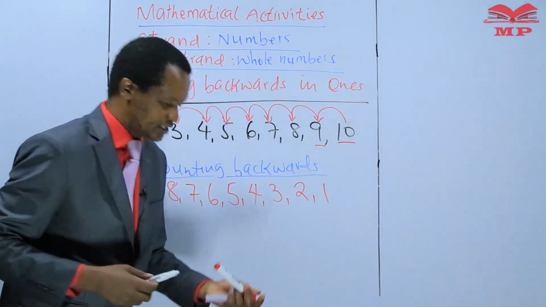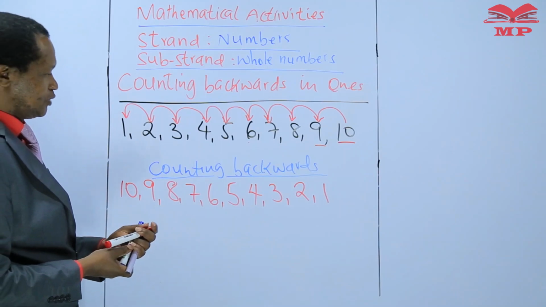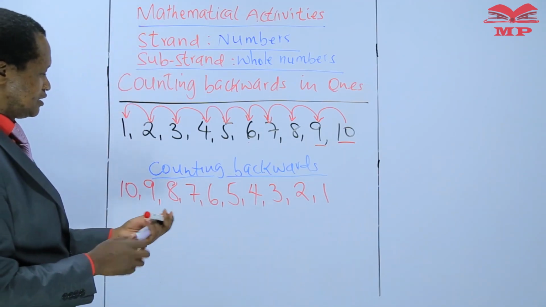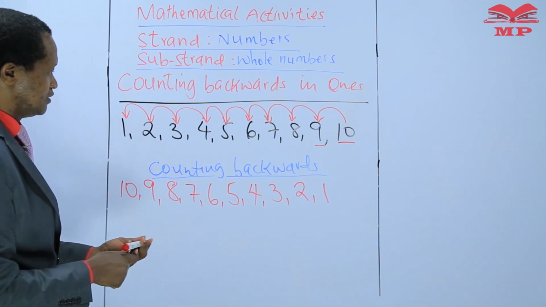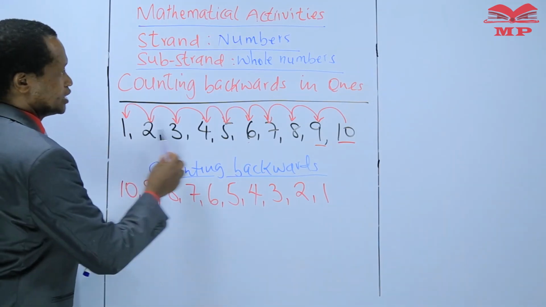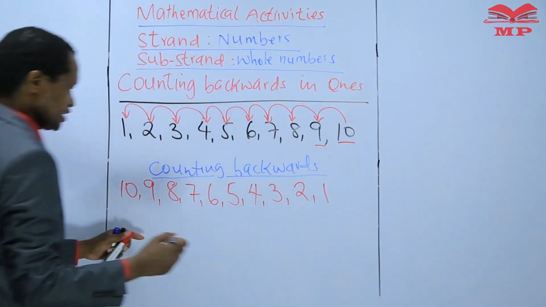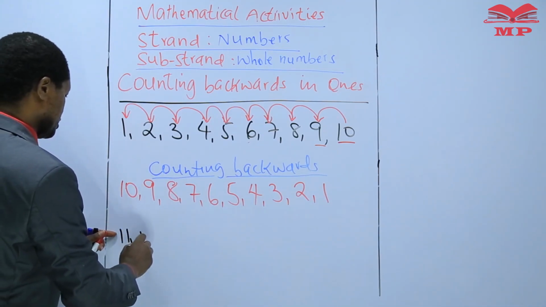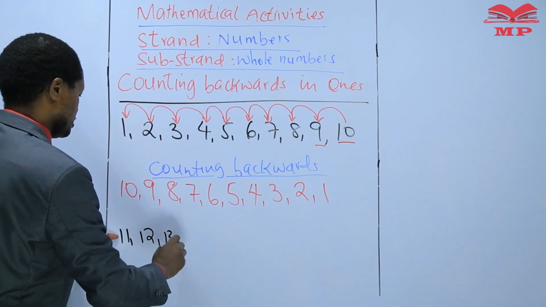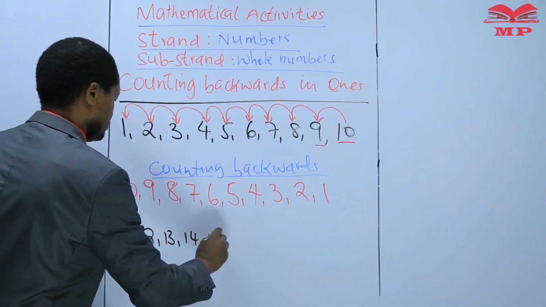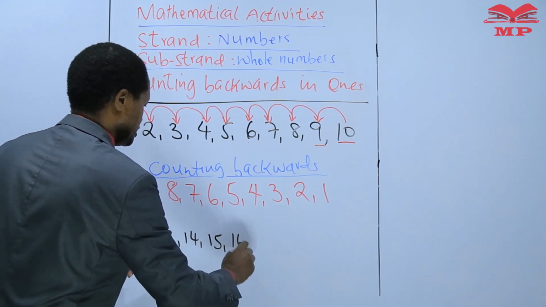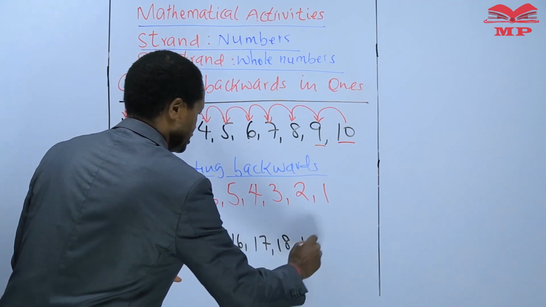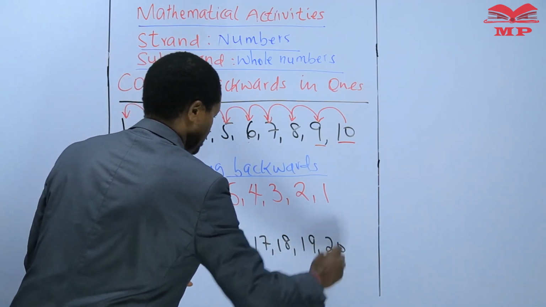Is that clear, learners? Now you can also use another set of numbers. For example, we can have numbers from 11, 12, 13, 14, 15, 16, 17, 18, 19, 20.